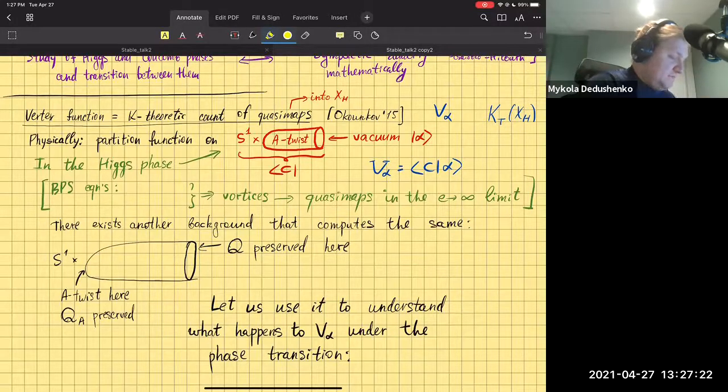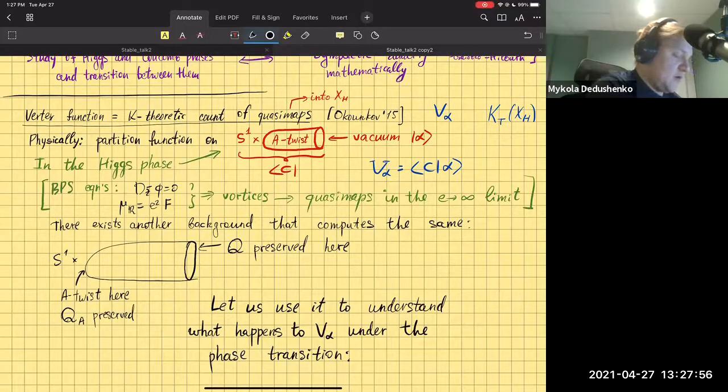And the fact that this really counts quasimaps is because of the BPS equations in this case. One tells you that you look at holomorphic maps, and another relates the moment map to the curvature of your gauge field.